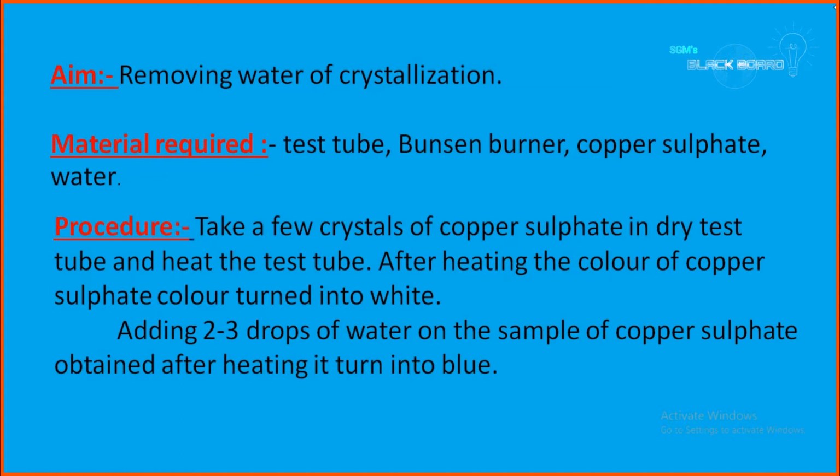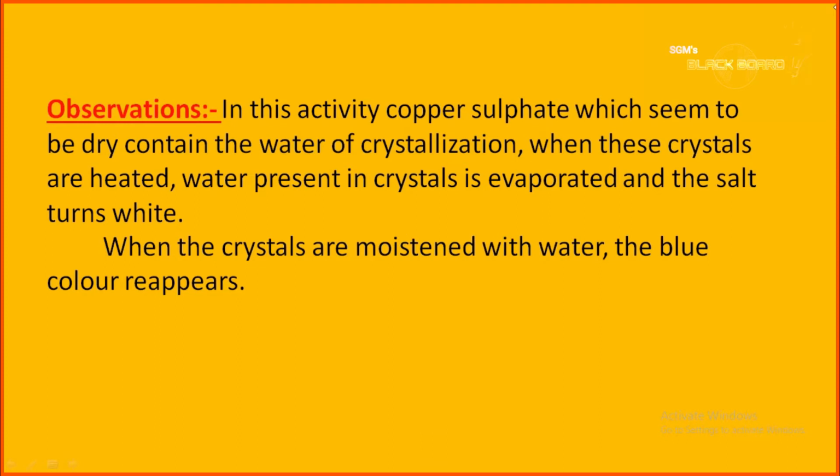After heating, the color of copper sulfate turned white. Now add 2 to 3 drops of water on the sample of copper sulfate obtained after heating, and it will turn blue. So the observations are: copper sulfate, which seems to be dry, contains water of crystallization.